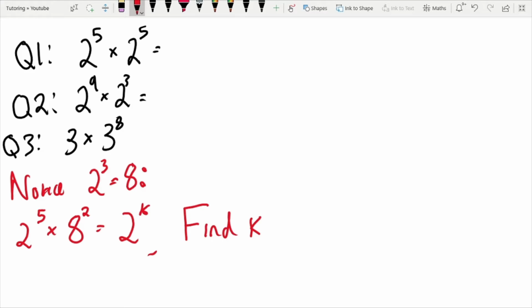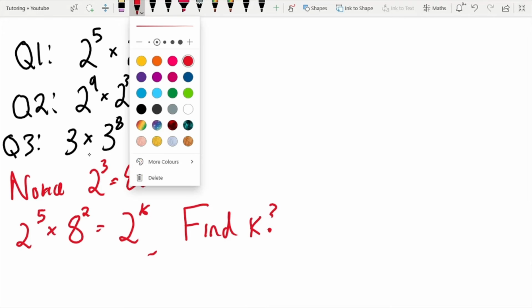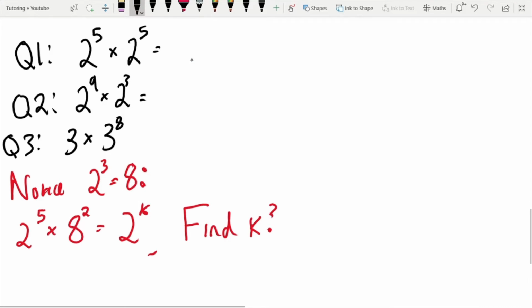So if you want to pause the video and have a go at those, I'm going to answer the first few questions, and I'm going to leave the challenge one for you to think about, and in the next lesson we can discuss the solution to that. So for the first one, using our rule where we combine the exponents, we can say this is equal 2 to the 5 plus 5 equals 2 to the 10.